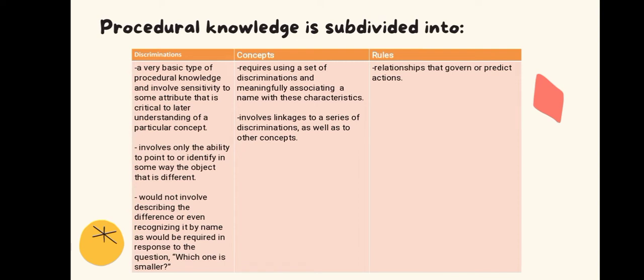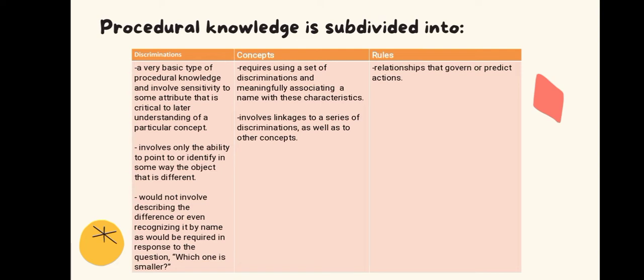For the concepts, it requires using a set of discriminations and meaningfully associating a name with these characters. So the concept of small, for example, involves sensitivity to size and being able to associate the word small within the context of different sizes. It involves linkages to a series of discriminations as well as to other concepts.